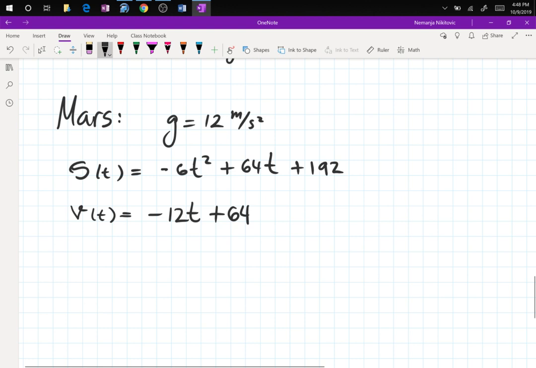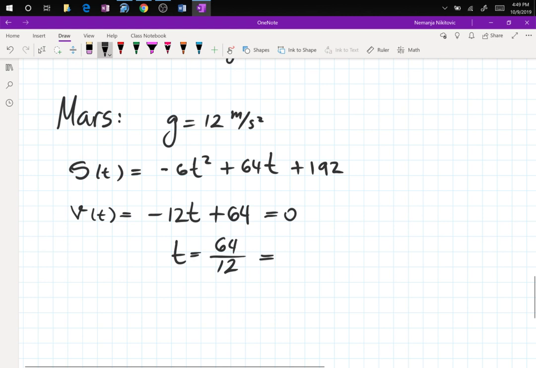So now to find the max height, we said you set velocity equal to 0. And as you can see, the only unknown quantity there is t, which would calculate the time at which max height occurs. So t is going to be 64 divided by 12. Now, what's 64 divided by 12?